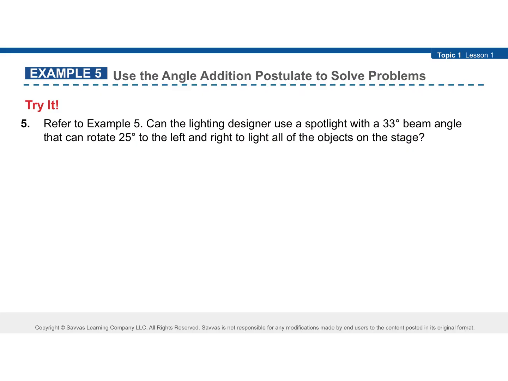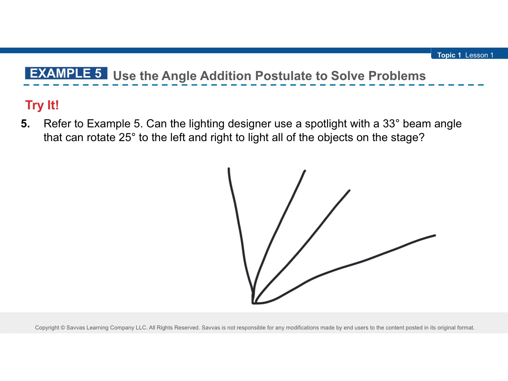So in this next problem, you've got the same problem. You have this same picture, except the spotlight is a 33-degree beam. So this is still 57, and 57 minus 33 gives me 24.